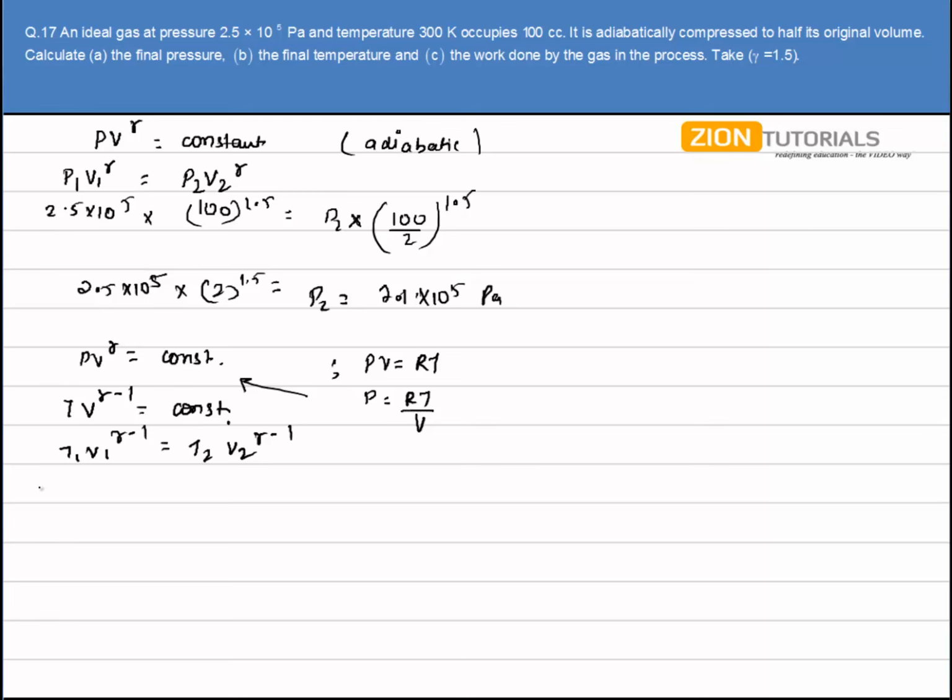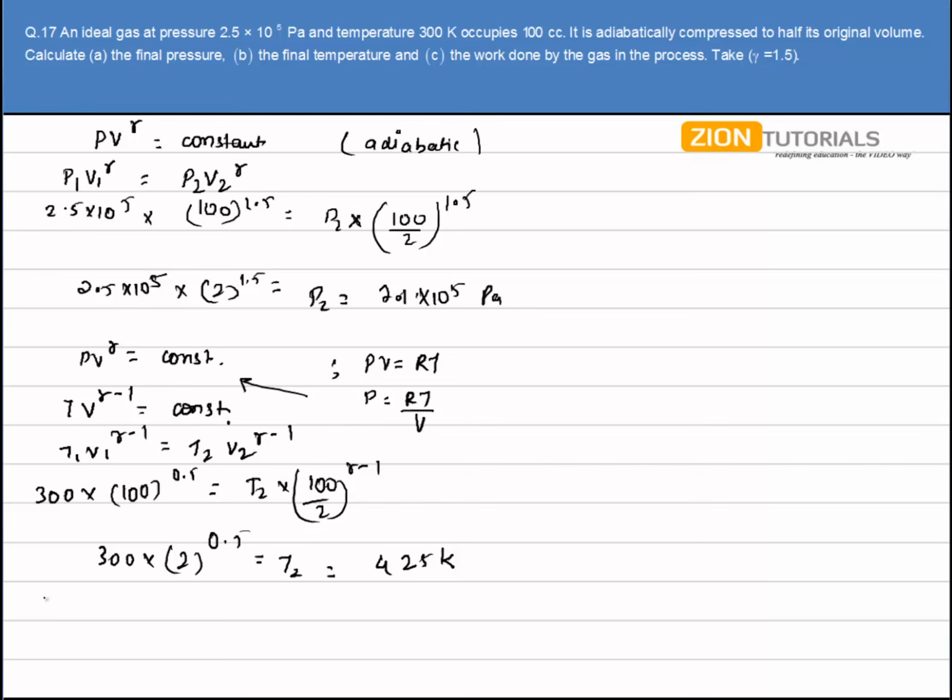I have initial temperature as 300, volume as 100, into 0.5, T2 that I have to calculate, into (100 by 2)^(gamma minus 1). So 300 × 2^0.5 is equal to my final temperature. It gives me the final temperature as 425 Kelvin.